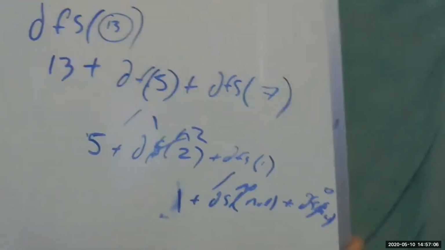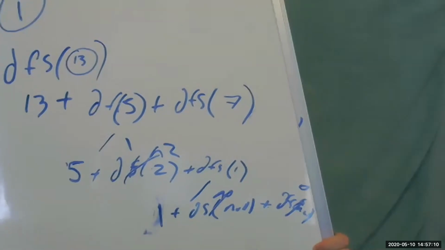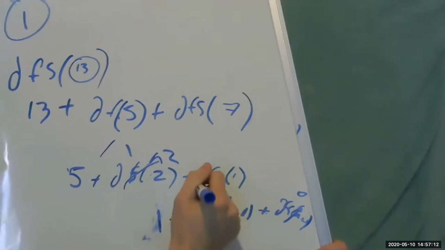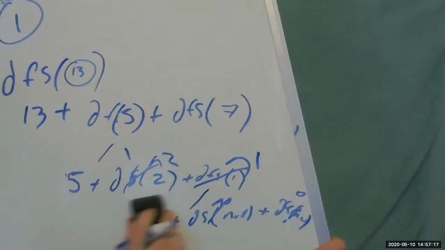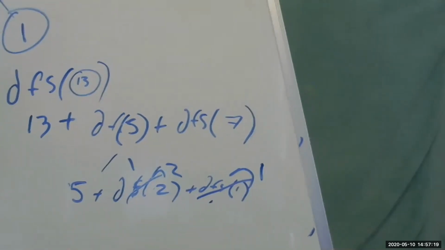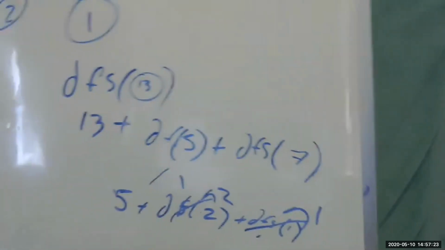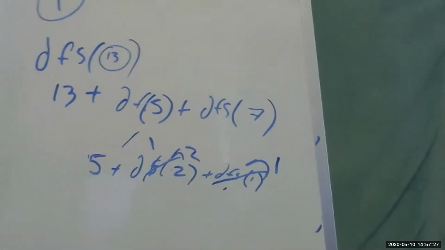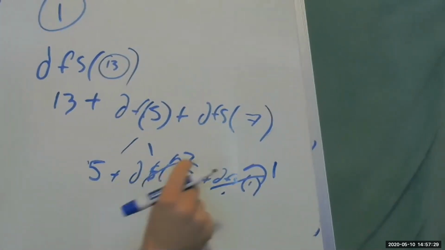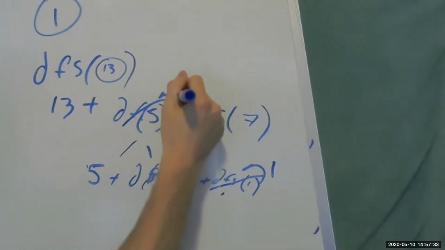So now DFS of 1 can give back a return value of 1 plus 0 plus 0, which is 1. This gets popped off of that recursive stack. Now that these are all solid numbers, our DFS of 5 can finally return something, which is 5 plus 2 plus 1. So this becomes 8.